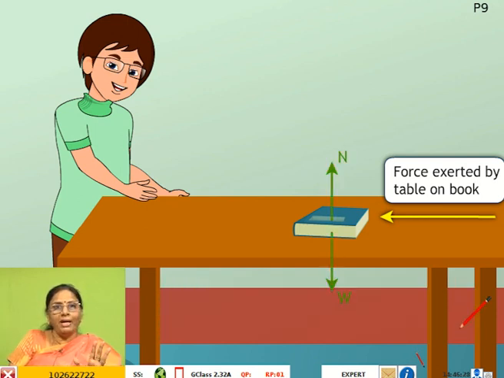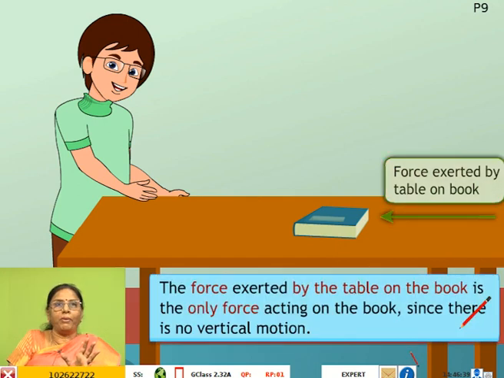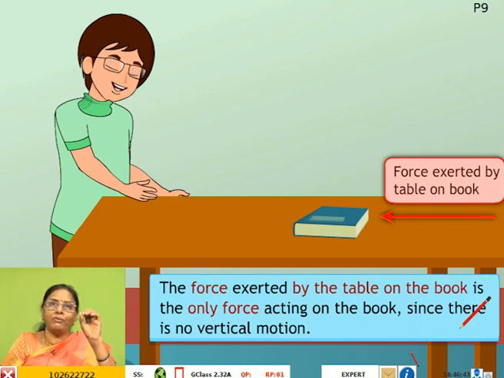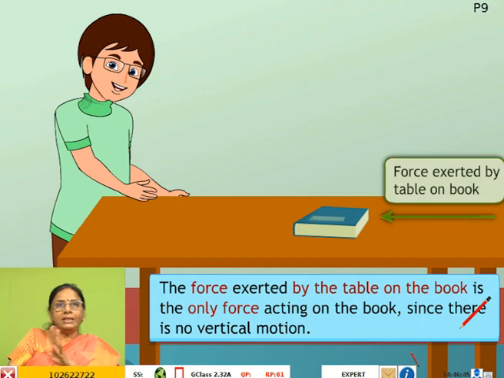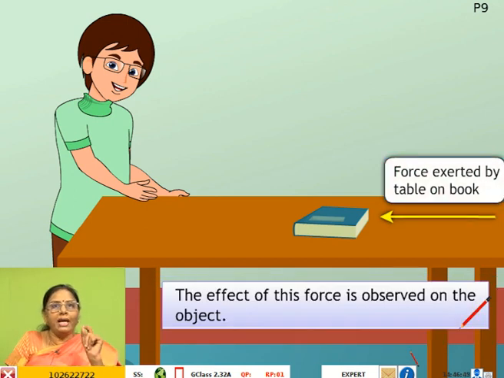We know that W and N are not the forces that are acting. The only force that is acting is the force exerted by the table on the book. So, the force exerted by the table on the book is the only force acting on the book, since there is no vertical motion. So, the effect of this force is observed on the book.